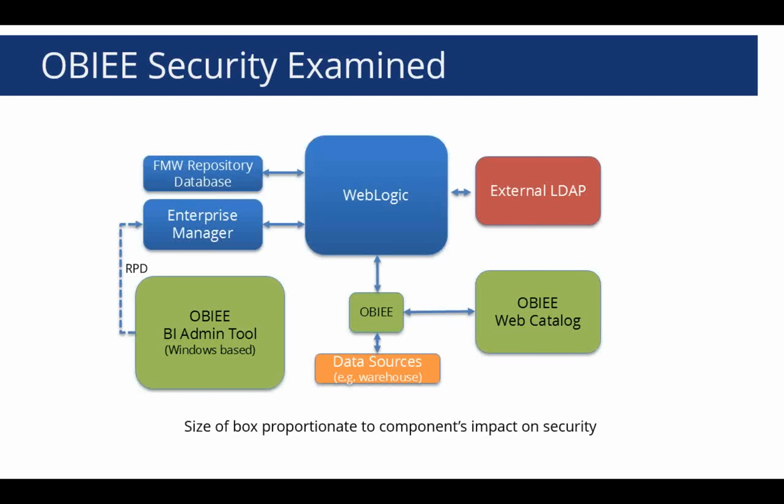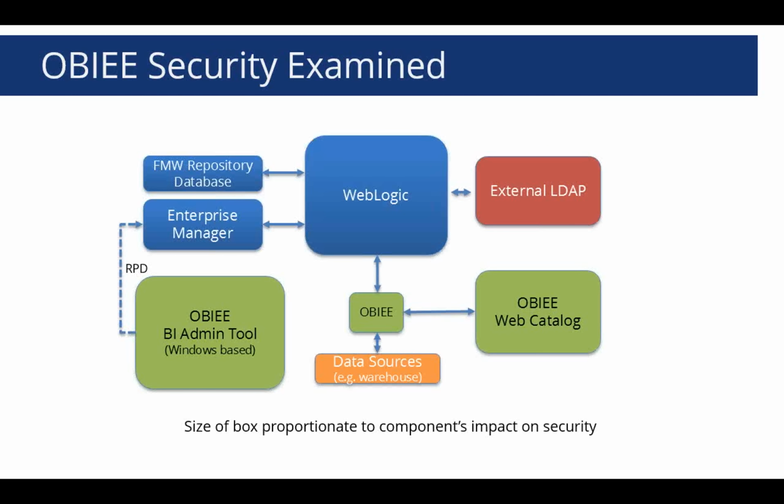That said, the BI administration tool is where much of the security is defined, and we will be spending time there to review that. On the right side, we have the web catalog, and at the bottom, we have the data sources themselves. So at a high level, when we're sitting down to author or consider security within OBIEE, we're sitting first with the Windows-based BI administration tool.